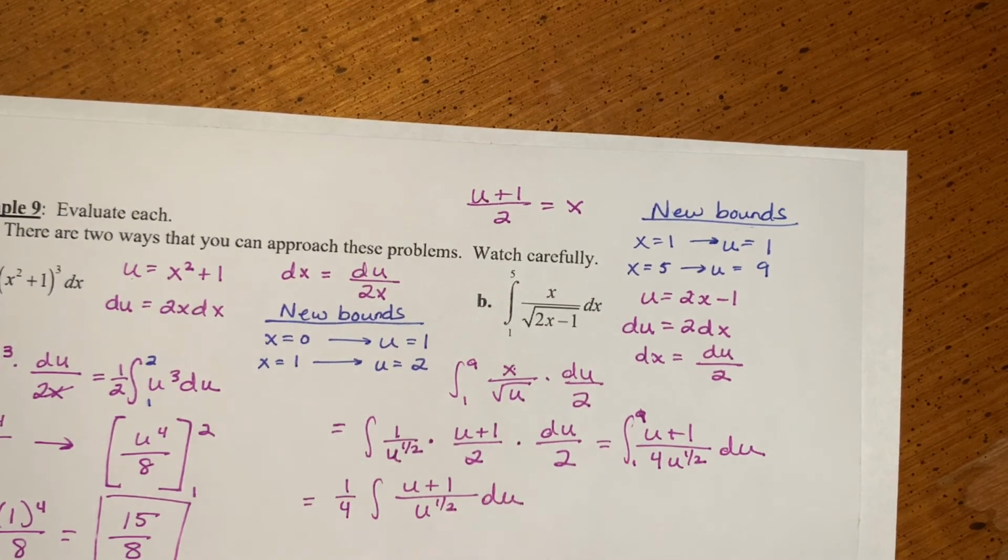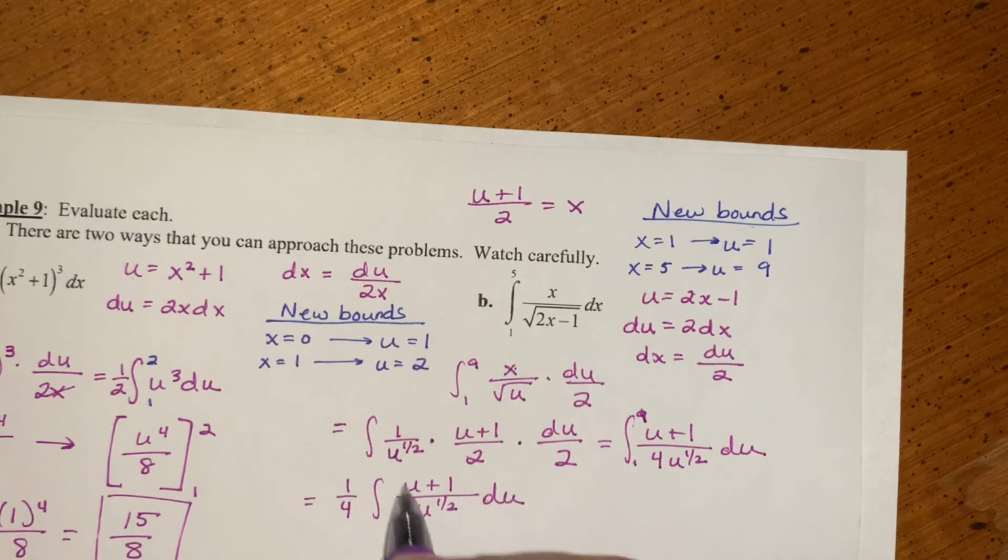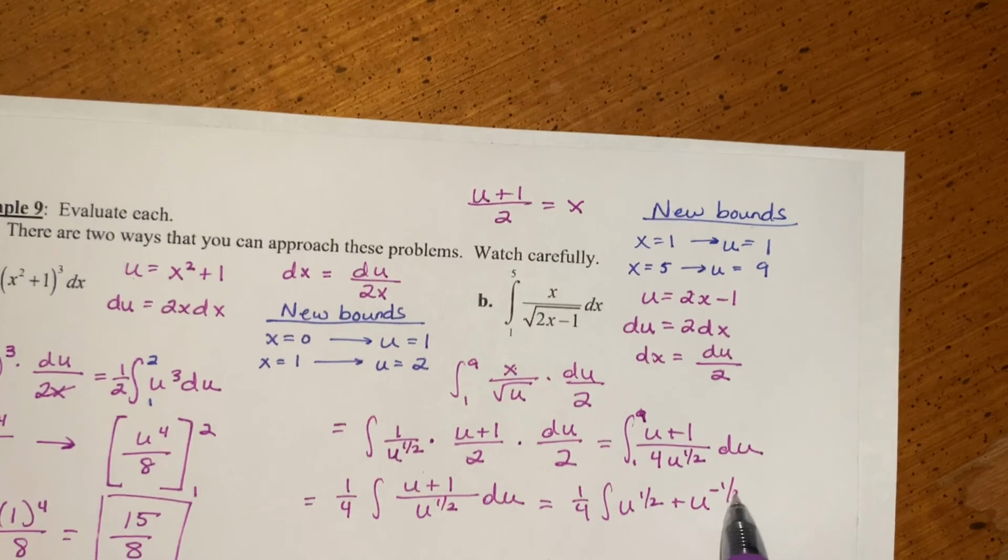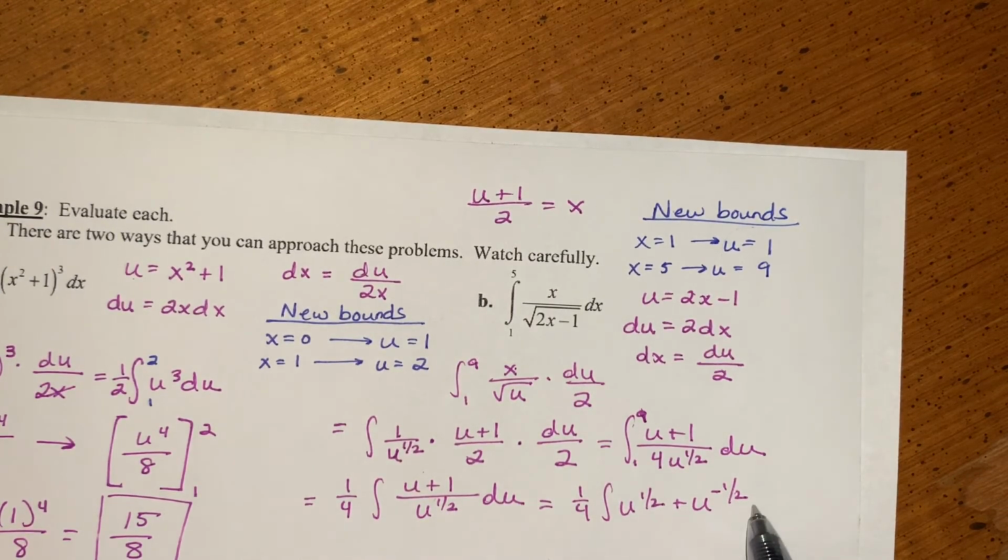And now I'll go ahead and separate this out, divide out my term. So u over u to the 1/2 will be, so 1/4 integral of, 1 minus 1/2 is u to the positive 1/2. This becomes plus u to the negative 1/2 du. This looks like the integral we did before.